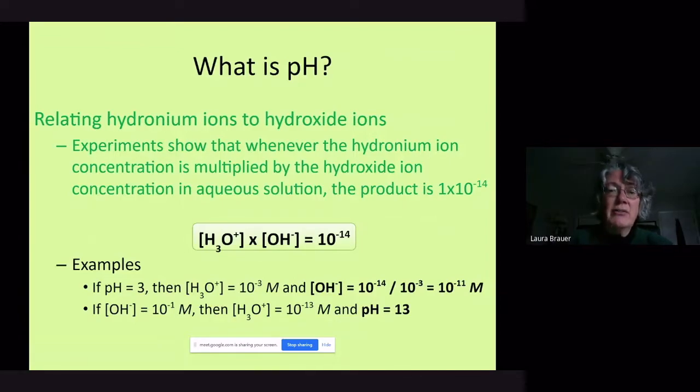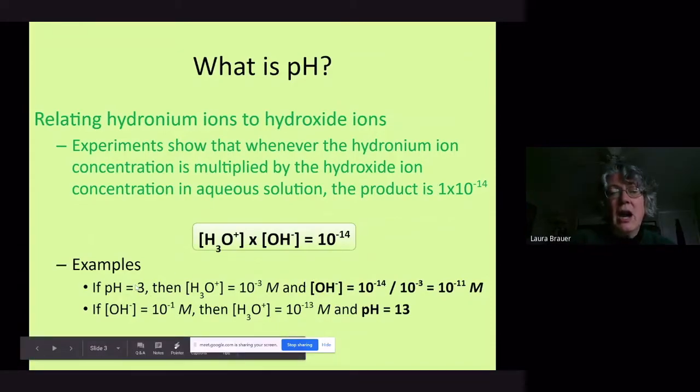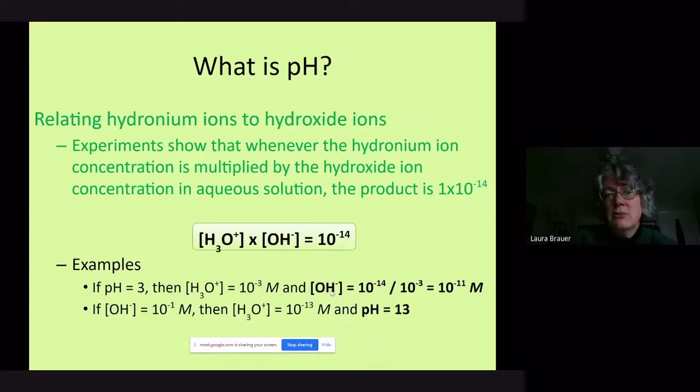So out of the 14, part of that number is going to represent hydronium and part of it's going to represent hydroxide. So if I have a pH of 3, hydronium, the H3O plus, is going to be 10 to the negative 3. And if I have a hydroxide, which is the OH, I just take 14, subtract 3 from it.